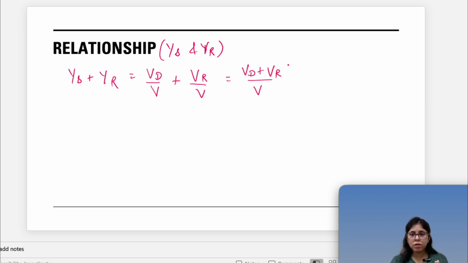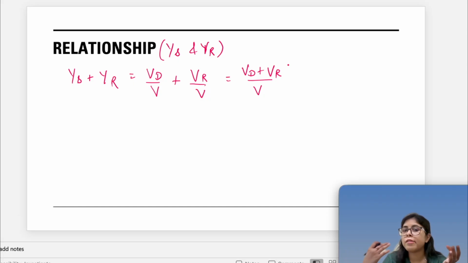Now just think about it. Vd and Vr, volume drained and volume retained. Both together make the volume of void of the soil, right? This is how much the pores, the voids, are there.